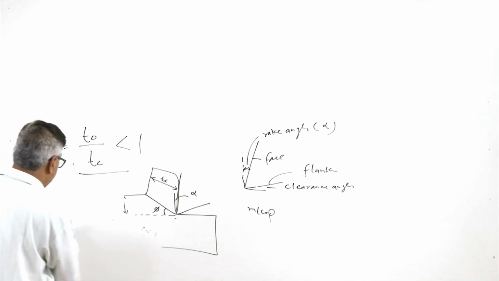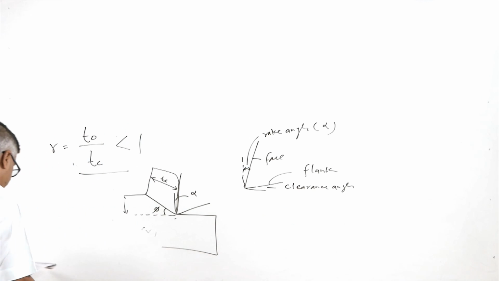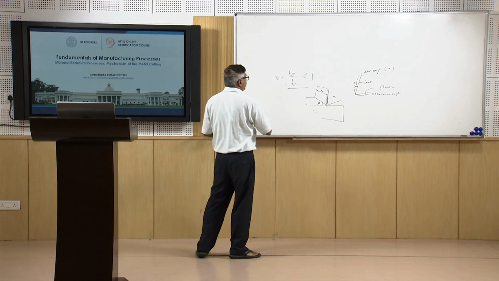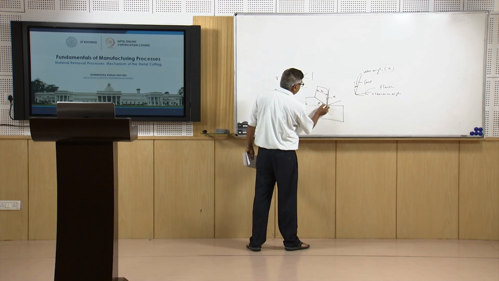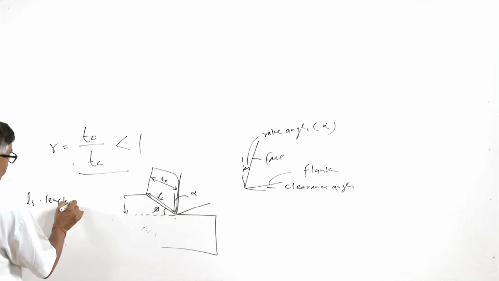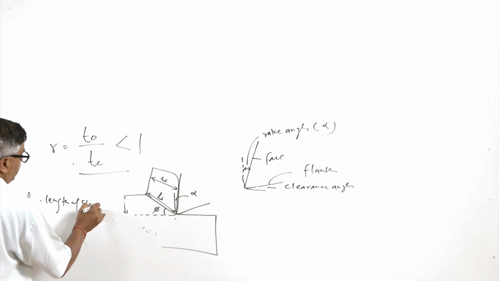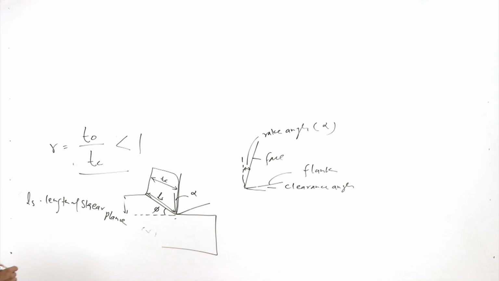So, this chip thickness ratio is expressed with the help of one equation. Here, say the shearing is taking place along this plane, and the length of this plane is equal to, say, Ls, the length of the shear plane along which the shearing is taking place.